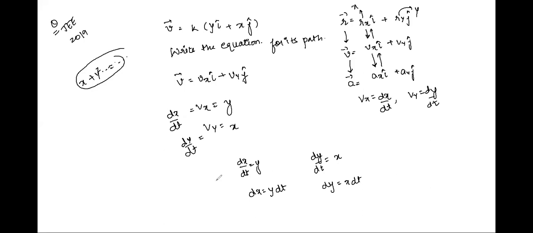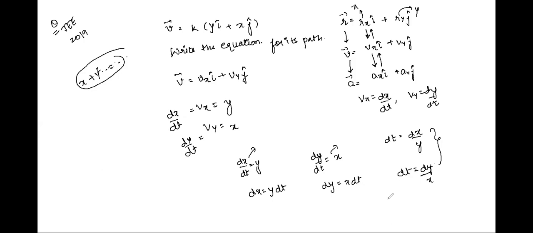You can write dt from both sides: from the first equation, dt is equal to dx by y, and from the second, dt is equal to dy by x. We'll take the two equations we got here and equate them together.